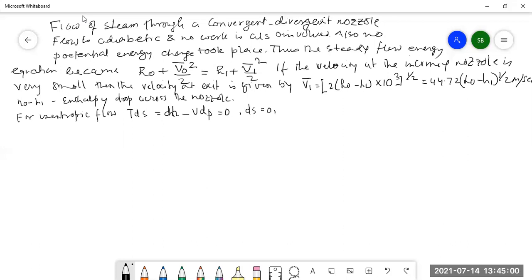The equation will take the form integration from 0 to 1 of dH is equal to integration from 0 to 1 of V dP. Or if we change this, H0 minus H1 is equal to minus integration from 0 to 1 of V dP.